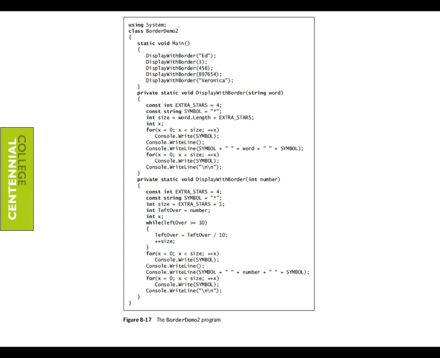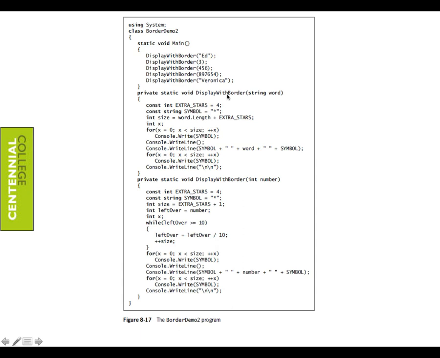Let's go back. It's quite complicated, but you see here that there are both methods inside the same class. The first method and the second method are both written with the same name, display with border. They both have the same return value, which is void. They're not returning anything, except it gives the programmer an option to do either one or the other.